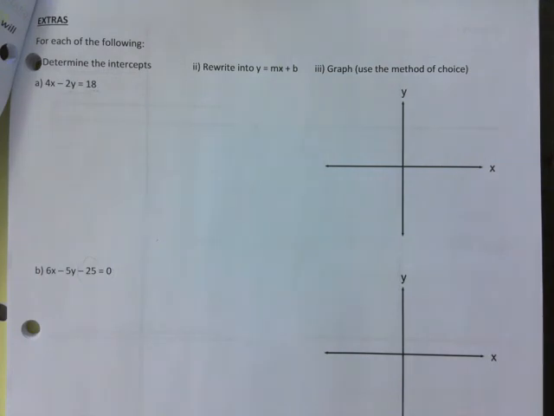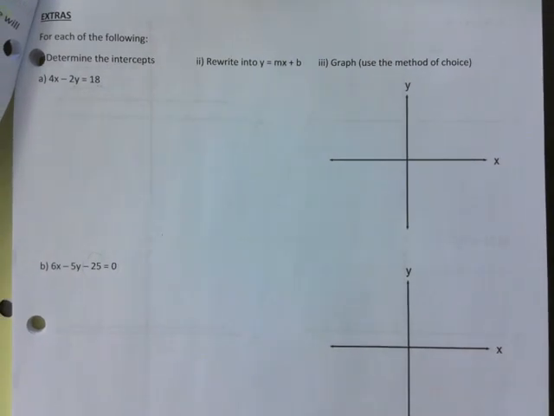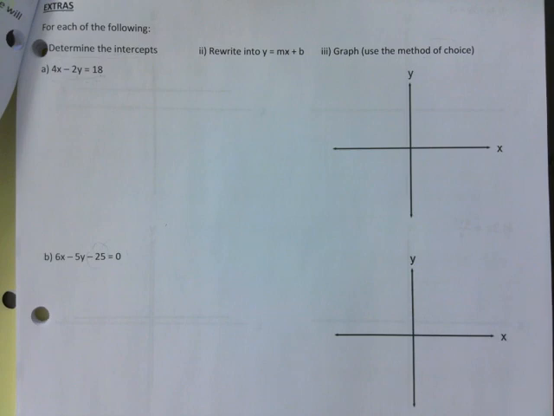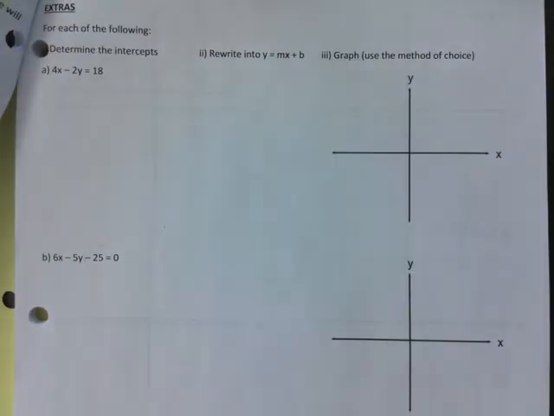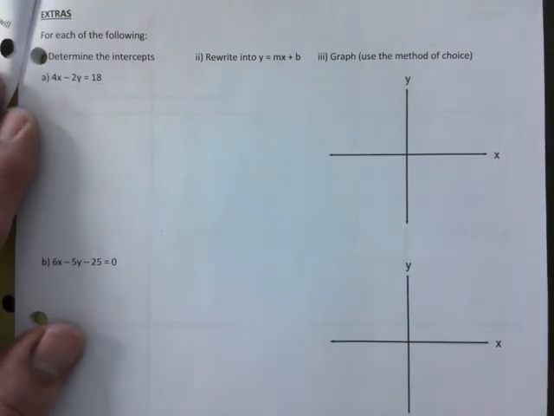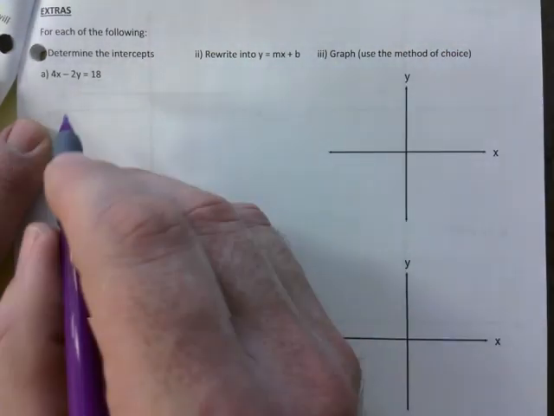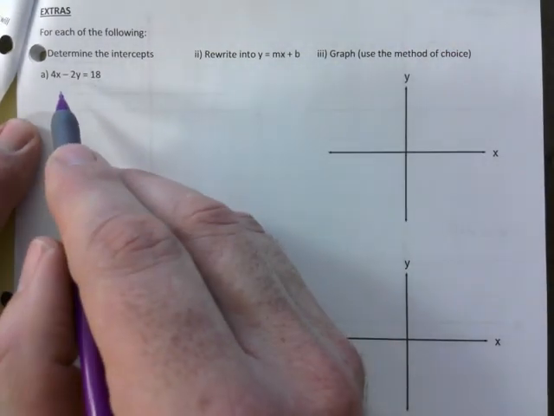That's all I'm going to ask you to do before I move on. Okay, so A and B for now, and then we'll go over it. So I'm just briefly going to go over these so you have them right, and then I will tell you to do the rest on your own. So here we go.